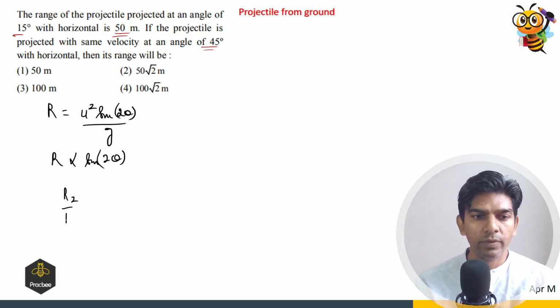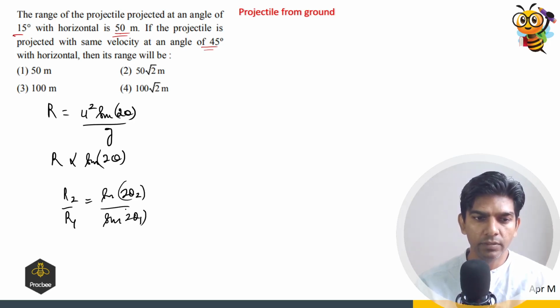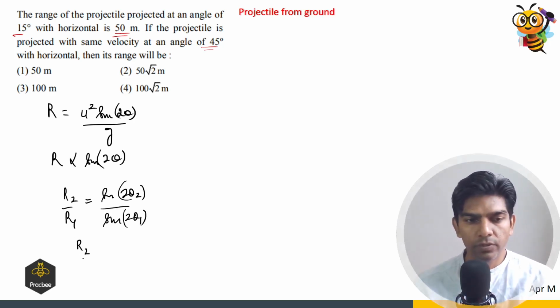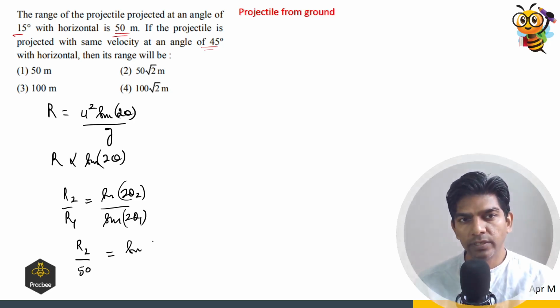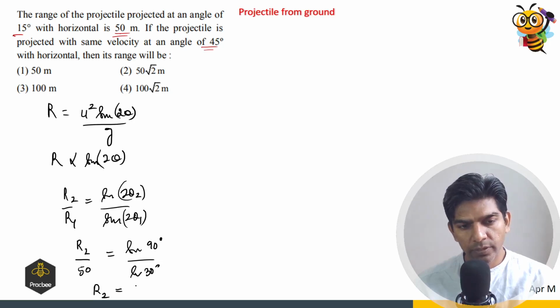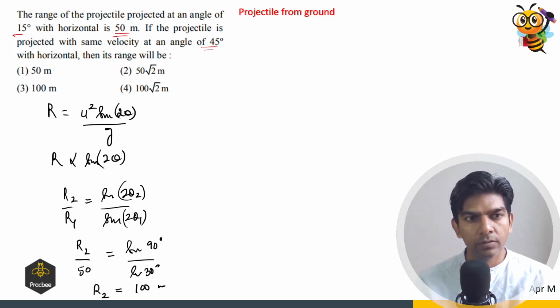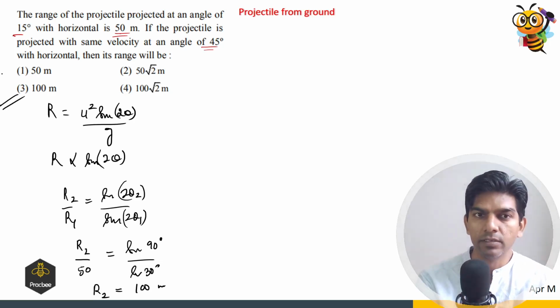So we can say R2 by R1 will be equal to sine 2 theta 2 by sine 2 theta 1. So we have to find the range when the angle of projection is 45. So R1 is given as 50 meters, and 2 theta 2 will be 90 degrees and 2 theta 1 will be 30 degrees. So R2 comes out to be 100. So option 3 is the right answer.